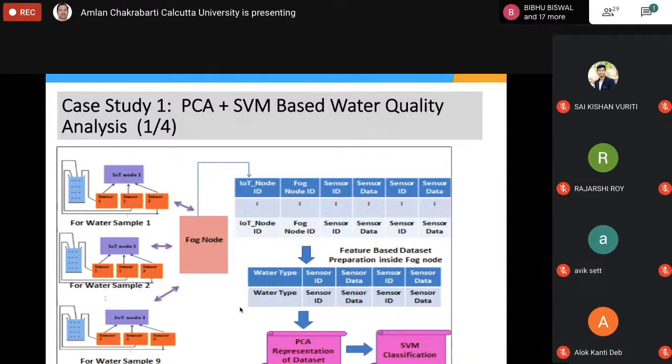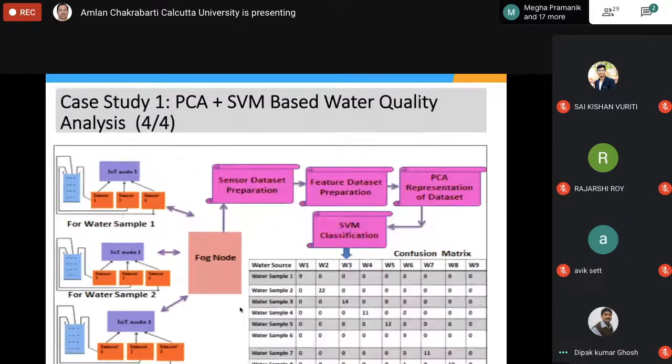The way we have done this is that we have taken a large variety of water qualities which are available in a rural area, right? And we train the system first, and then at runtime you can give me a water sample, and I can tell which grade of water it is, right?